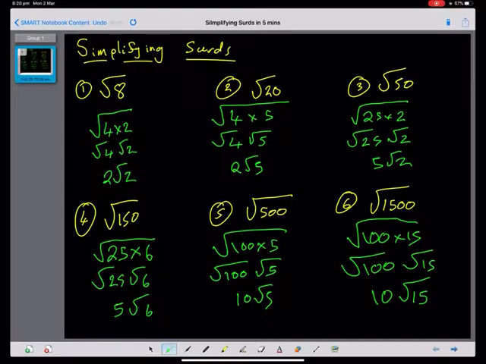Okay, you can do some other factors and you will arrive at the same answer.